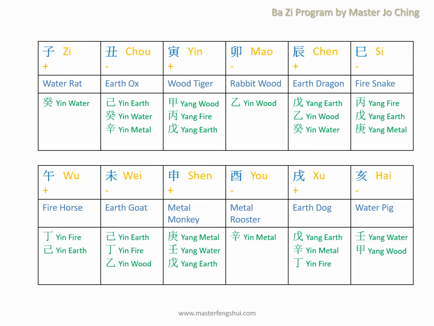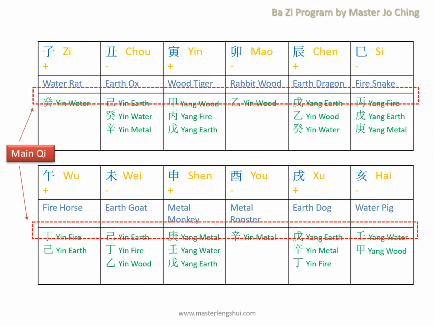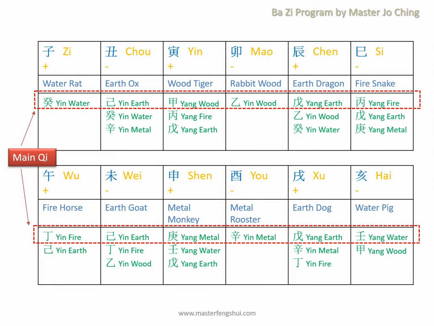The main thing I want to highlight to you here is that those that are highlighted are known as the main qi, and I have placed the main qi, or the main hidden stems, at the top layer, whether you have 3 or 2.